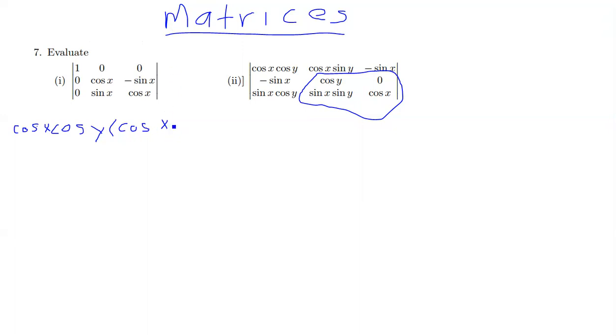So we're going to get cos x, cos y. This is what we're going to get. And then this is going to be minus in the brackets. 0 times this here, you still get a 0. That's the reason I've just closed the brackets without putting it there. So you leave it like that.